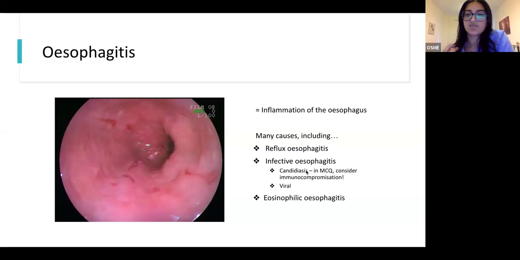Candidiasis is more common in patients who are immunocompromised, and that occurs with candidiasis anywhere: in the mouth, in vaginal thrush, anything. And also a recent virus is another risk factor for infective esophagitis. Another cause is eosinophilic, but that is rarer.